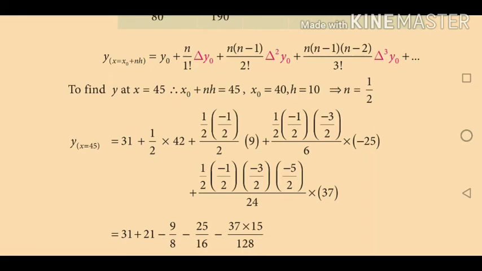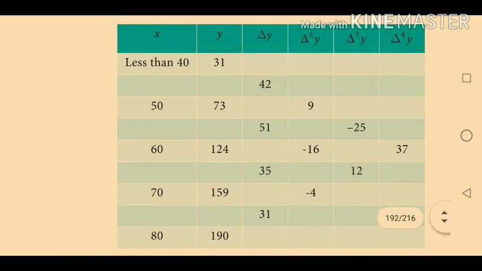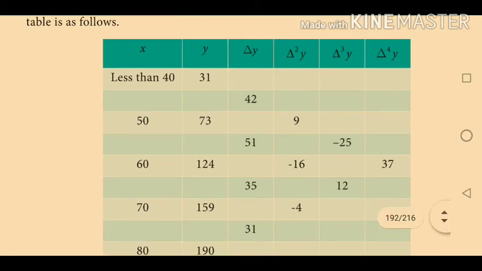If it is at the end of the table, you may apply the backward method. So do all the sums in your assignment note. It is a very easy chapter, so concentrate on the formula and the meaning of the backward and forward methods.